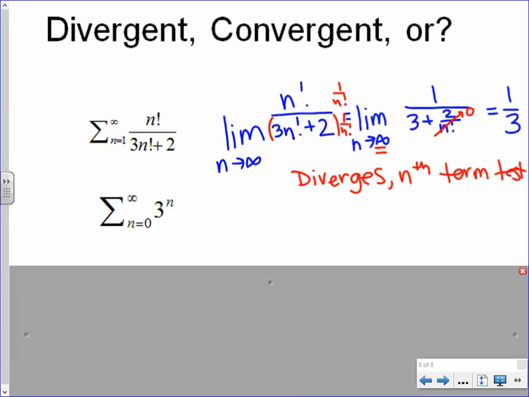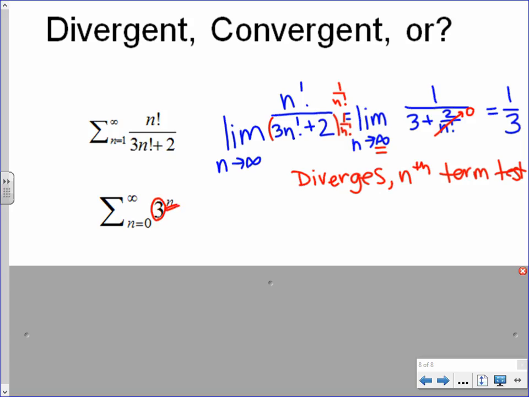So, I'm hoping that you can recognize that this is a geometric series. Anytime we have a constant raised to a power, I want you to be able to recognize that that is geometric. Okay? Now, what do you notice about R?